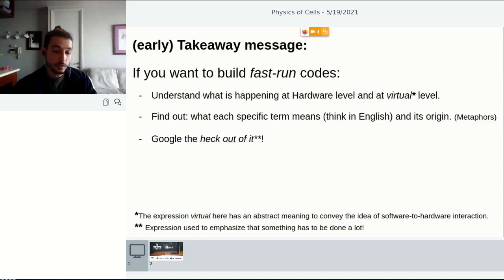So you don't need to understand only the hardware level, but also how your software communicates with each other so that you can access the computer.